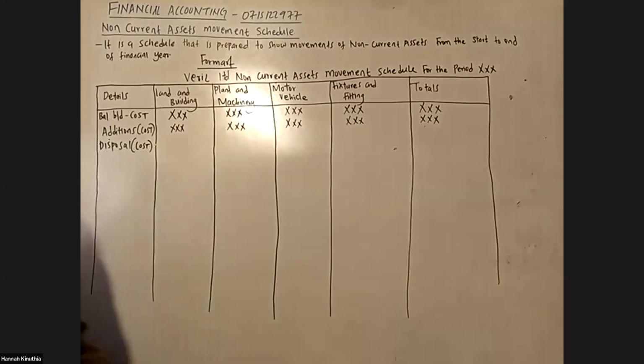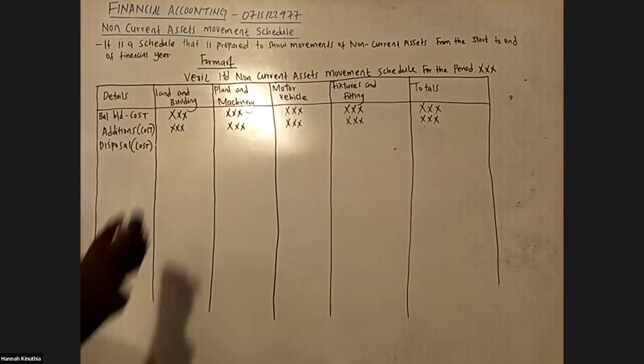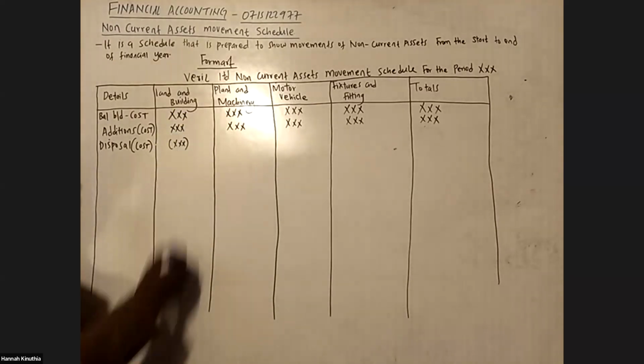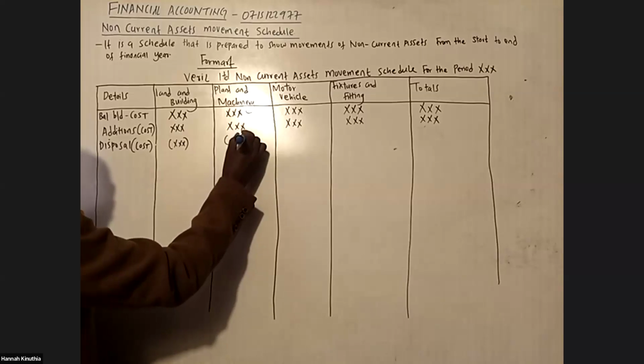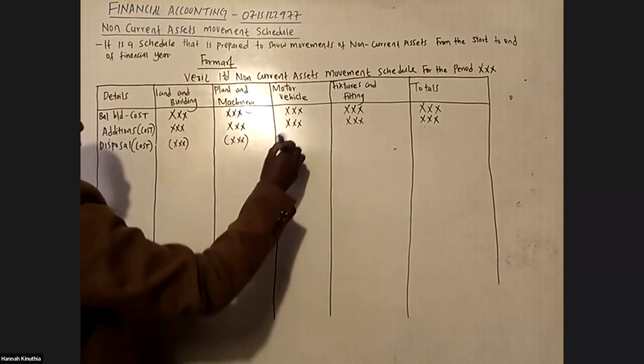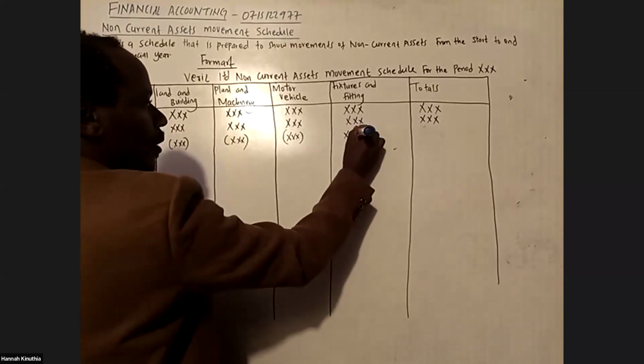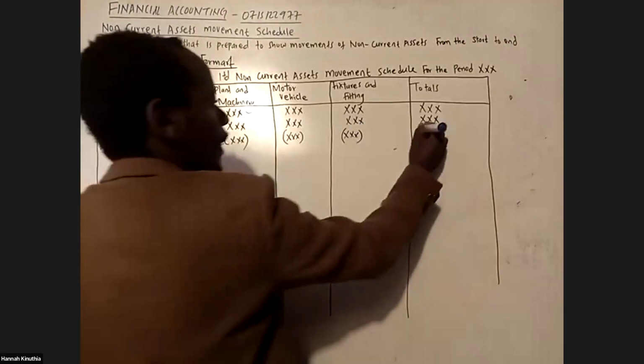So disposal. Now, if they dispose, for example, they dispose a land, you deduct it because they sold a land or a plant or a motor vehicle. If they sold, you put it there.